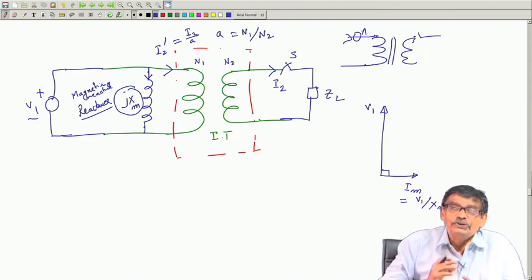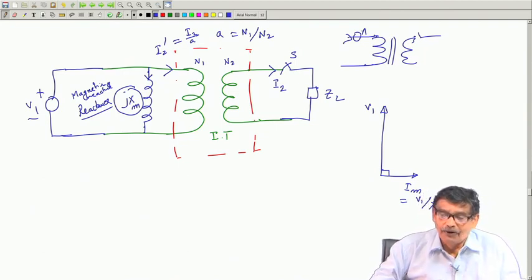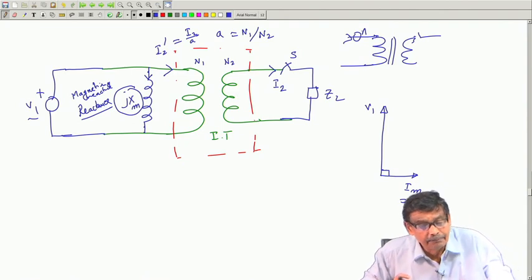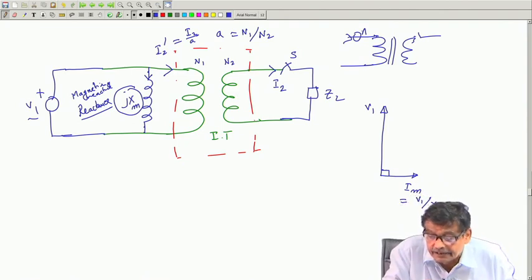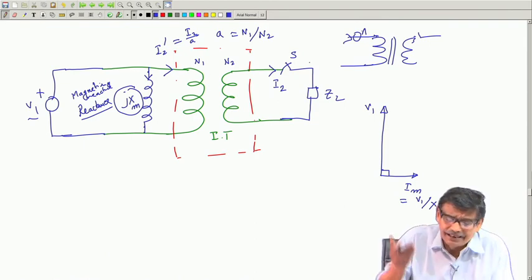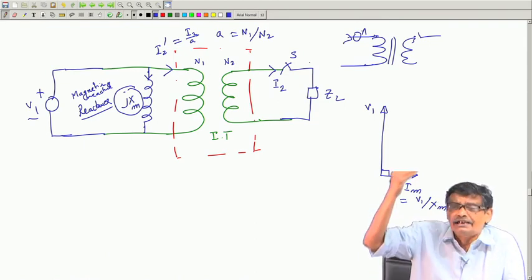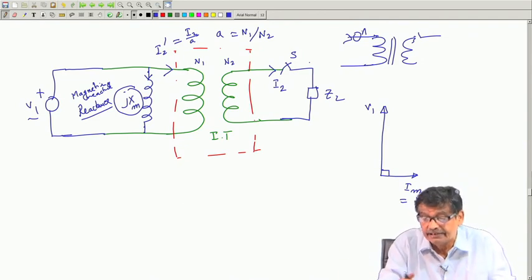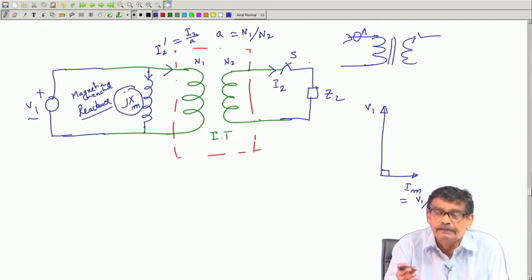It should not disturb you or anybody that I have applied a voltage, something is connected between these two, and yet there is no current when S was opened. This we have discussed at length previously. This is an ideal transformer. Ideal means ideal, mu r is infinitely large, you do not require any magnetizing current for this portion.